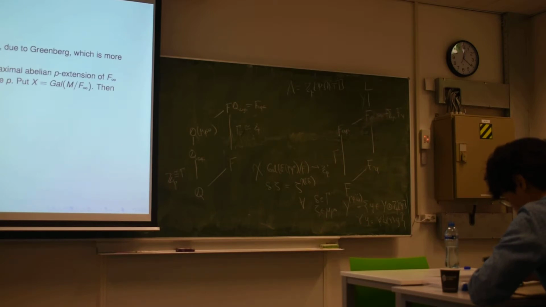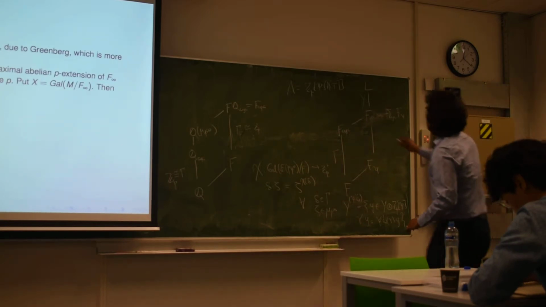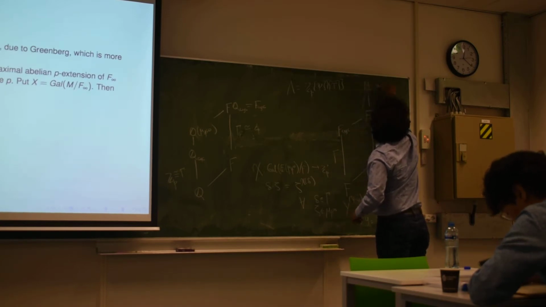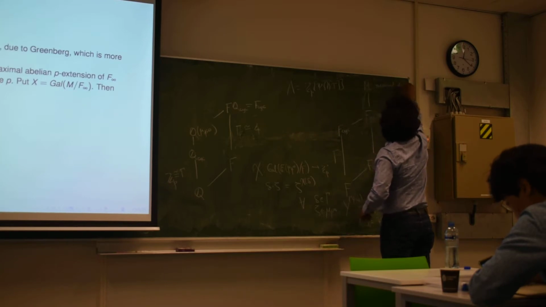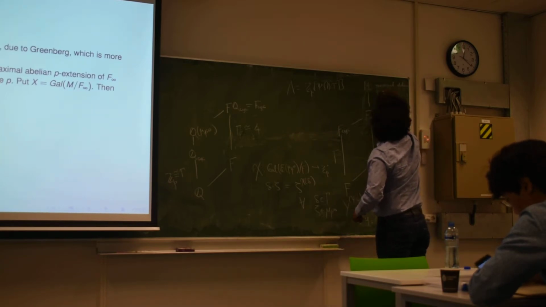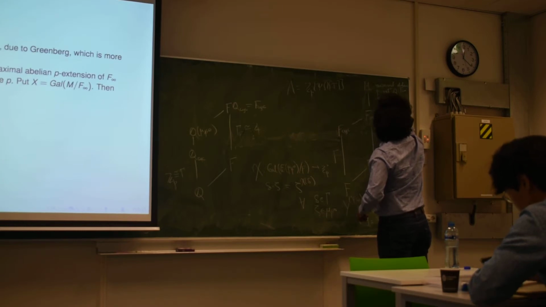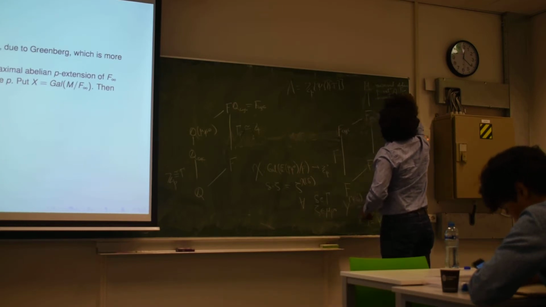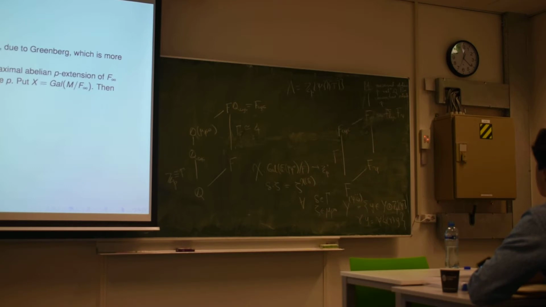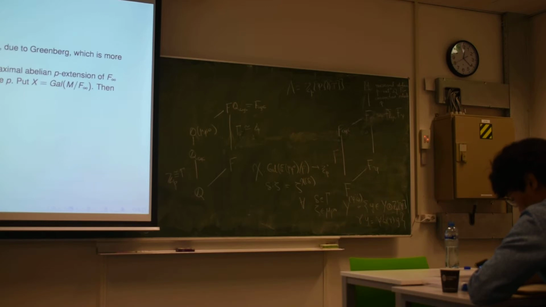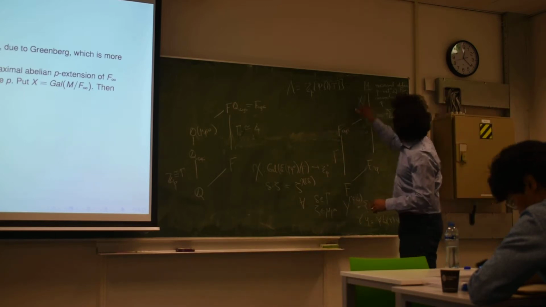So now I take this compositum F infinity, and instead of looking at L, I look at the maximal abelian pro-p extension of F infinity which is unramified outside p. So outside p meaning outside primes above p. So it is unramified everywhere except that I allow ramification at p. Okay, and I call this X.